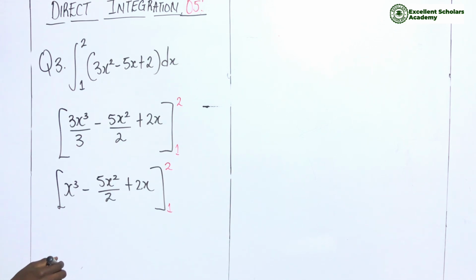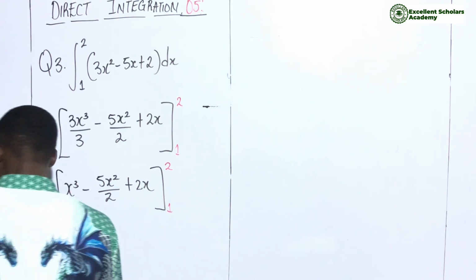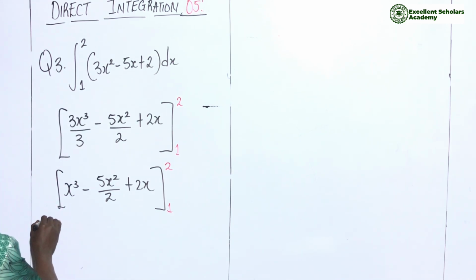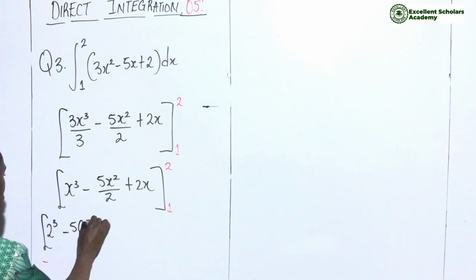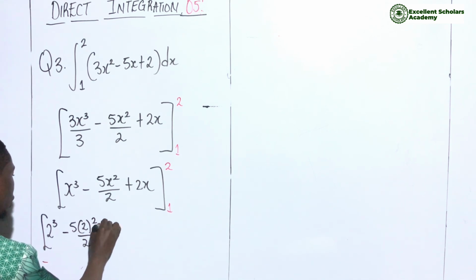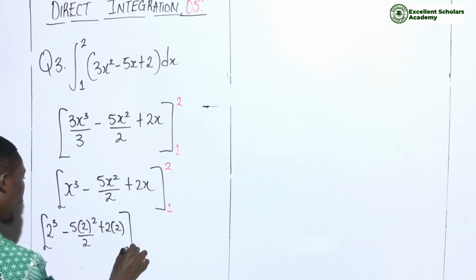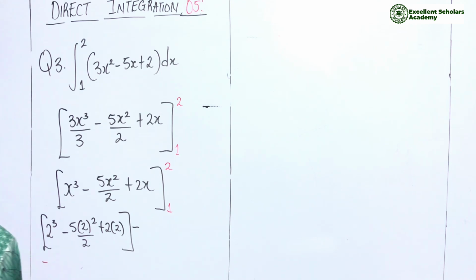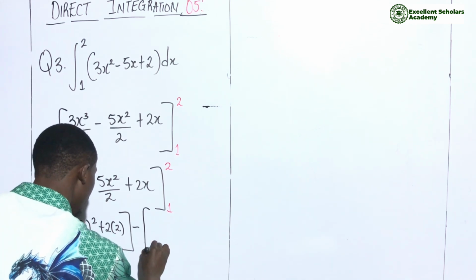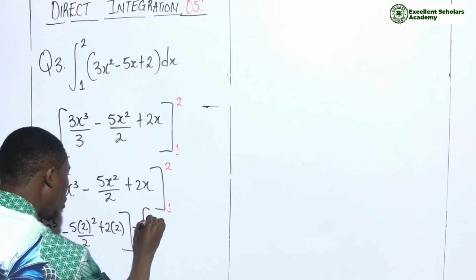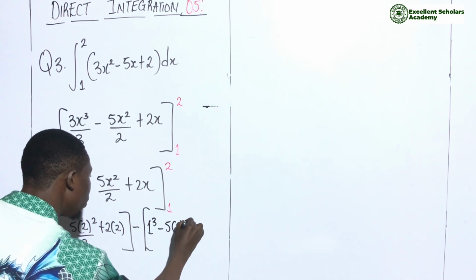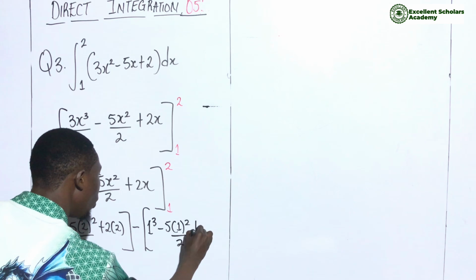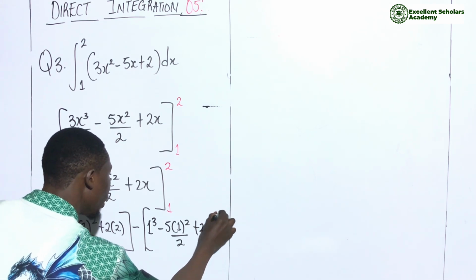So we're going to have 2 to the power of 3, minus 5 into 2 to the power of 2 over 2, plus 2 into 2, minus the same integral with 1: 1 to the power of 3, minus 5 into 1 to the power of 2 over 2, plus 2 into 1.